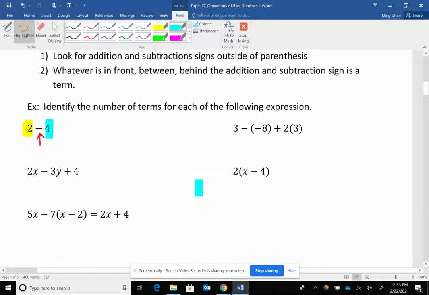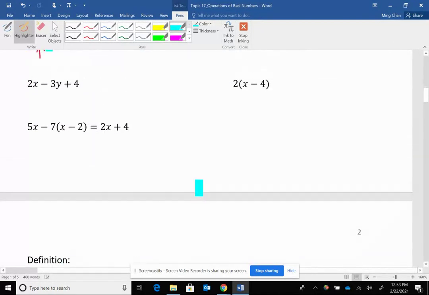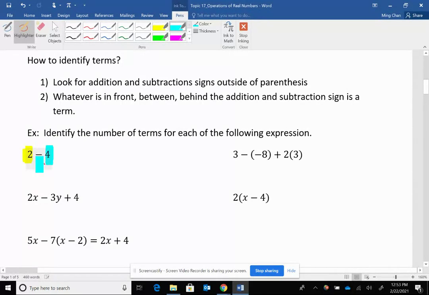It's just that the sign will always follow with the terms. The signs that you see, this subtraction sign, actually go with the term that follows behind it. So technically, this subtraction sign belongs to the second term. So now I actually have two different terms.